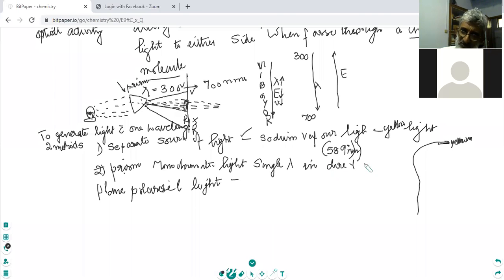What do you understand by the word plane of wave? Look at one wave. Here is a wave which is passing in a plane, on the plane of the board. Suppose you have another wave which is passing in a perpendicular plane. Let me draw it.